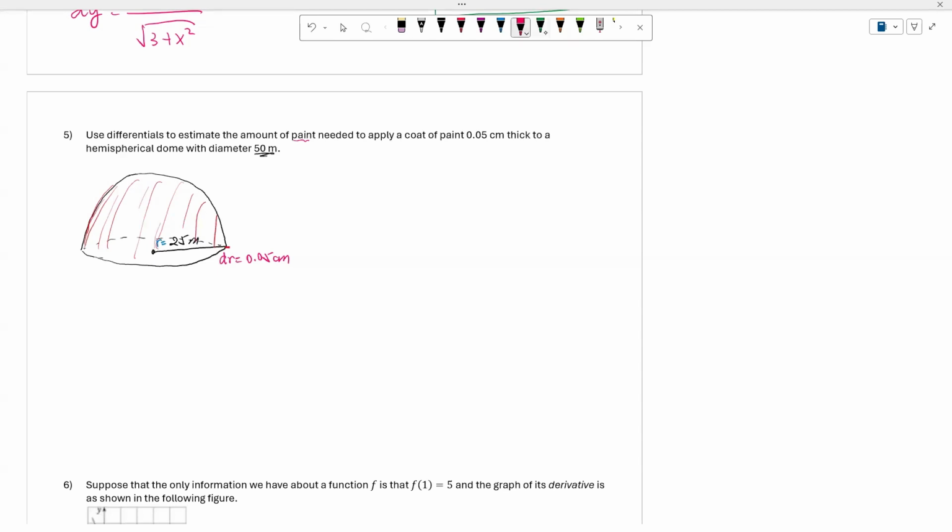So now I would like to work with the volume. The volume of a sphere is 4 over 3 pi r cubed, but right now we only have half of it. So the volume that I have is only 2 over 3 pi r cubed.